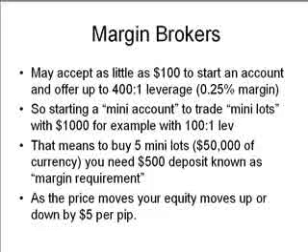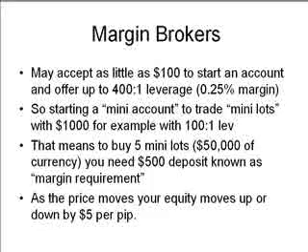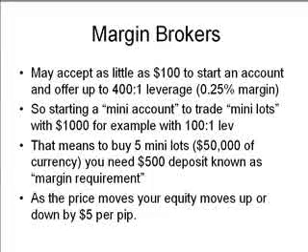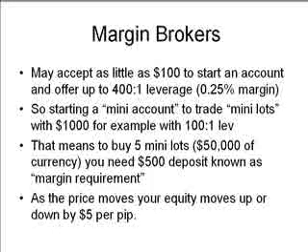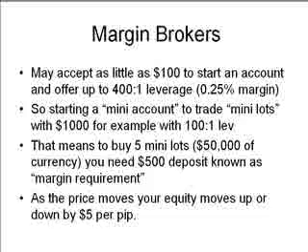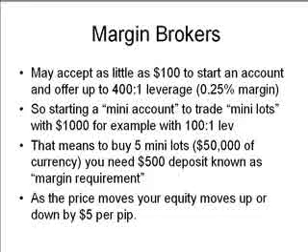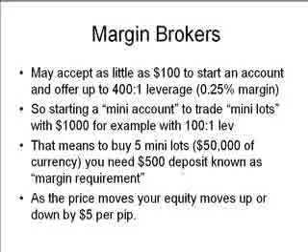is $500 of the $1,000 that you've got with your broker, required as a deposit for the trade. In other words, the broker will take that $500 and hold it as security on your trade, and as the price then moves, your equity moves up or down by $5 a pip.